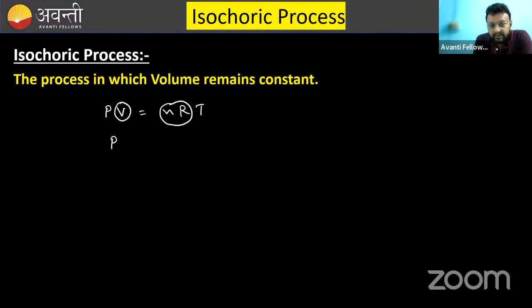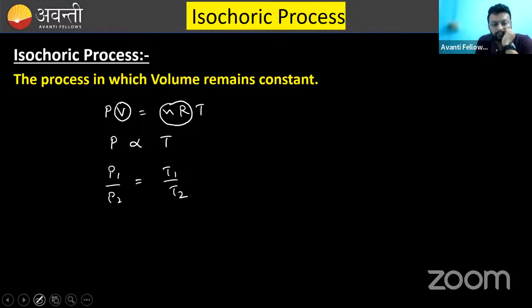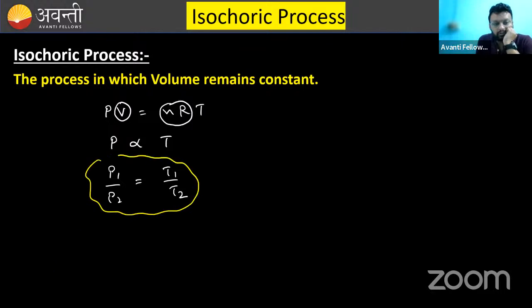So P is proportional to T. P is proportional to T means P1 over P2 is equal to T1 over T2. There is no problem with that. P1 over P2 is equal to T1 over T2.